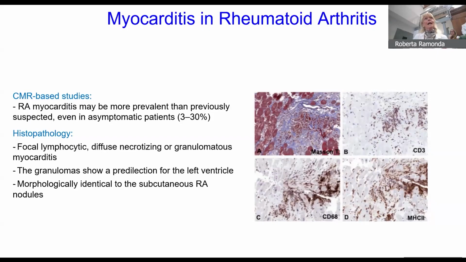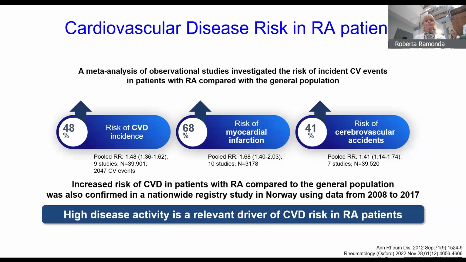The histopathological aspects are characterized by focal lymphocytic, diffuse necrotizing, or granulomatous myocarditis, in those patients where we also find subcutaneous nodules with positivity of rheumatoid factors.